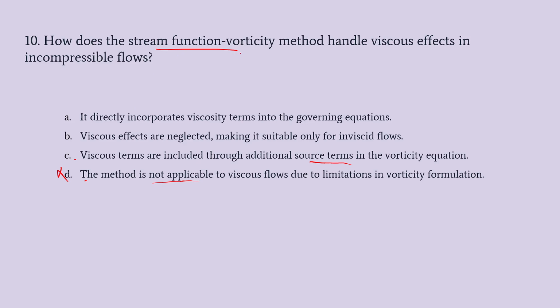Let's see what the stream function vorticity method is. If you remember from basic fluid mechanics, stream function is psi and vorticity we represent by omega. In the stream function vorticity method, what we do is use stream function and vorticity to model our governing equations.